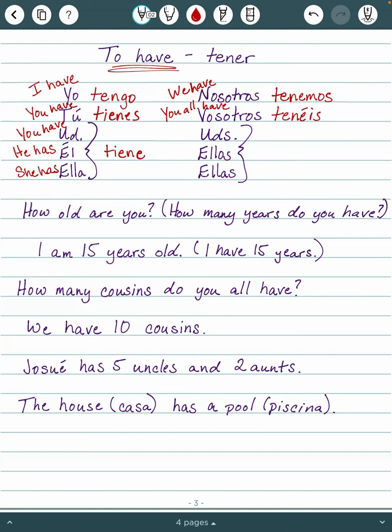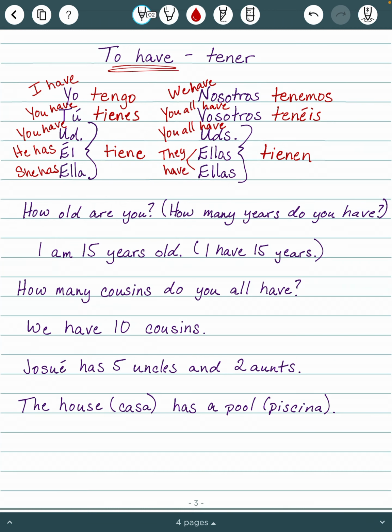And then ustedes, ellos, and ellas all share a conjugation. Ustedes tienen, ellos tienen, or ellas tienen. So ustedes tienen translates as you all have. And then ellos and ellas both mean they. So ellos tienen or ellas tienen will mean they have.